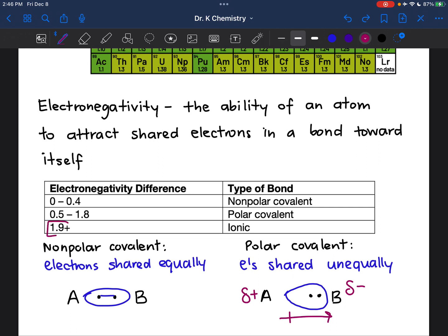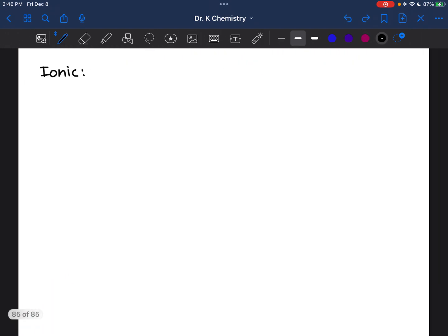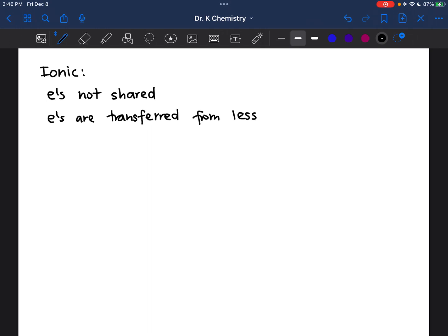If that electronegativity difference was really large, so 1.9 or greater, then that would be an ionic bond. And in an ionic bond, electrons are not even shared anymore. Electrons are transferred from one atom to another, from the less electronegative atom to the more electronegative atom.